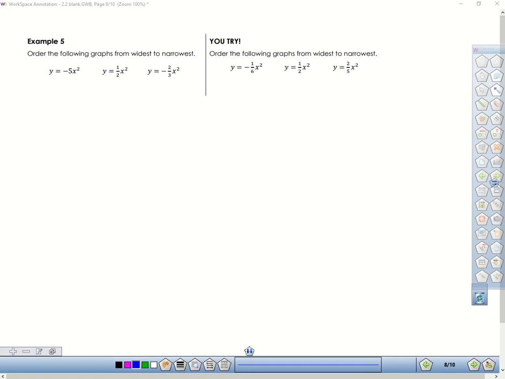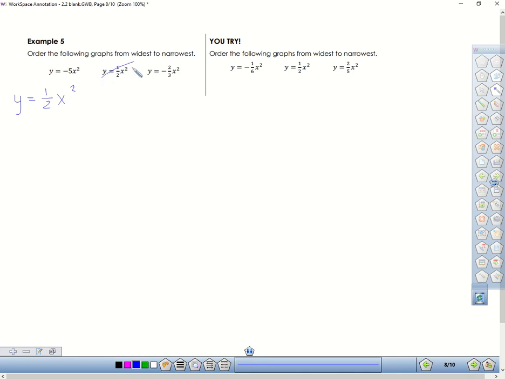And a quadratic is more wide if that number is closer to 0 on the number line. So if we look at these, which one of those numbers is closest to 0 on the number line? 1/2, good. And we don't care about the signs because we're talking about distance from 0, which is the absolute value of a number. Because 1/2 is 0.5, right?